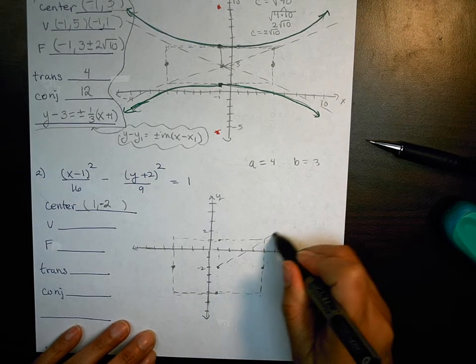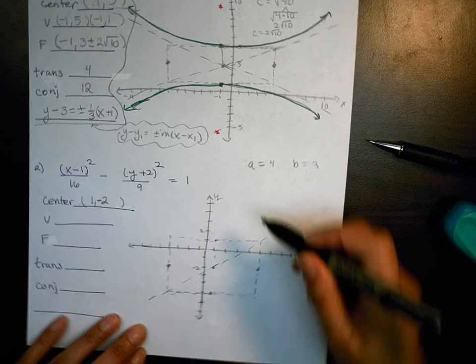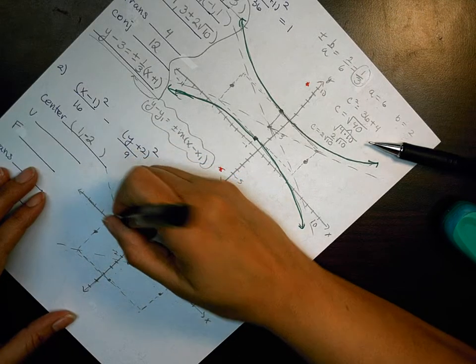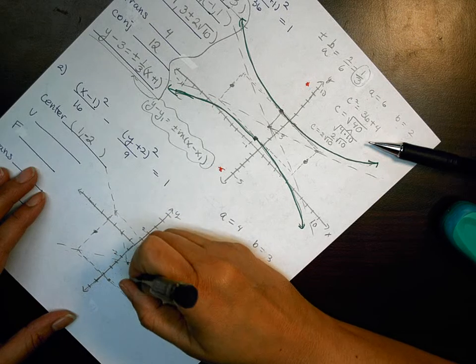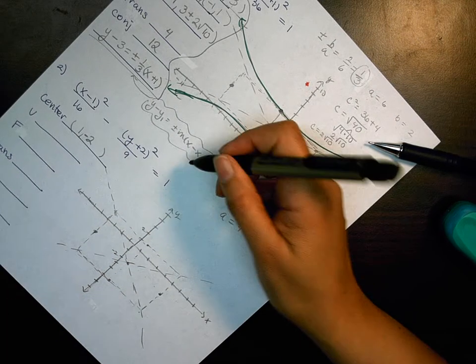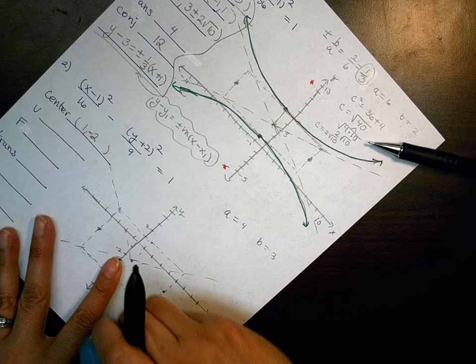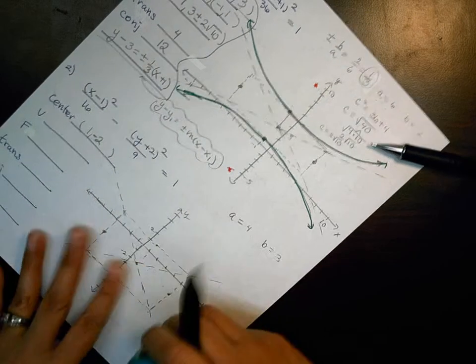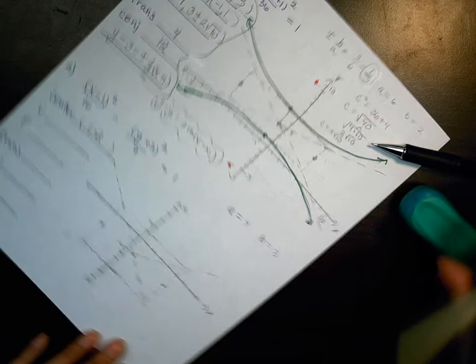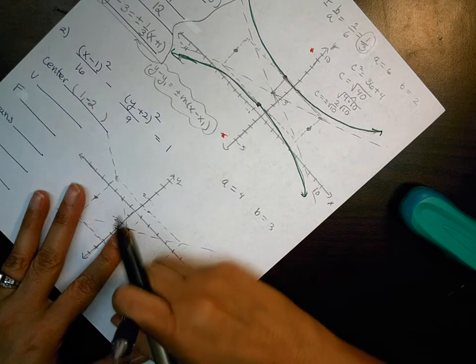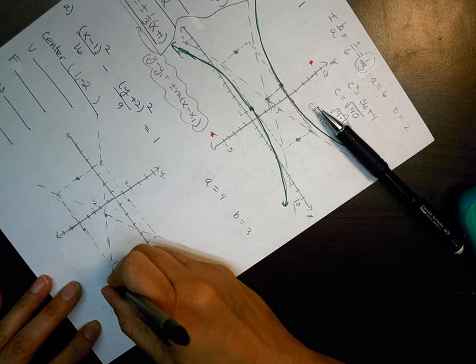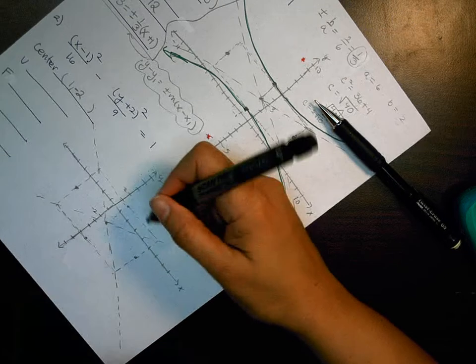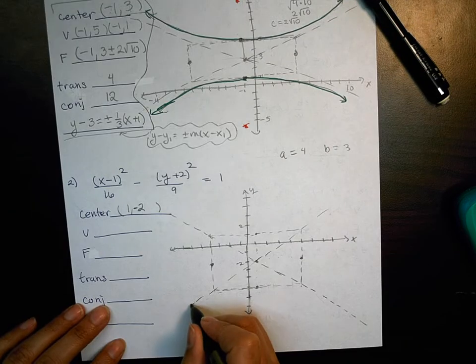And then you already said it's opening up and down, which means everything is running up and down. Your vertices, your graph, your foci. Right and left, that's what we said.